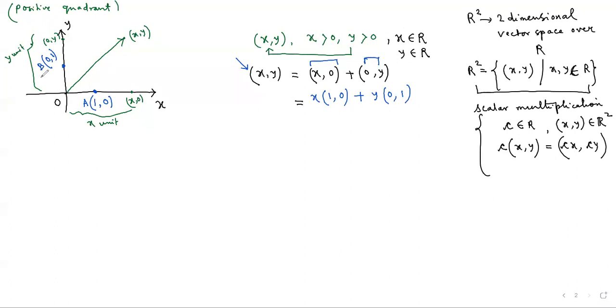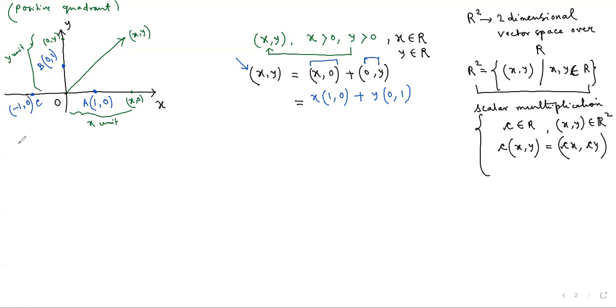Now, if you are talking about the negative quadrant, then I have to fix some other points. For example, if I talk about the second quadrant where x is negative, then probably (1, 0) will not work out. So we'll fix another point which is defined as C, whose coordinate is (-1, 0), which is unit distance apart.